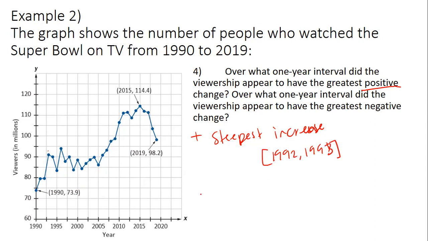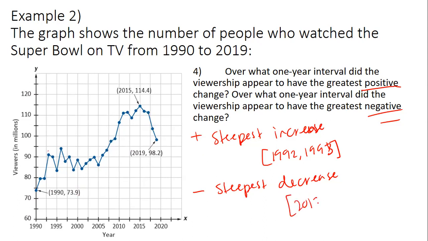Over what year was our negative? We're looking for a negative but steep: 2017 to 2018, our steepest decrease. Yeah, that's pretty steep.